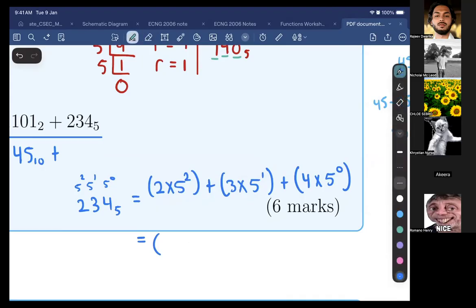Right. What's 2 by 25? 50, sir. Yeah, that'll be 50. 3 by 5 is 15. 4 by, and again, 5 to the power 0 is 1. So 4 by 1 is 4. My human calculator, what do you end up with? 68, sir. Nah. 69. Yeah.